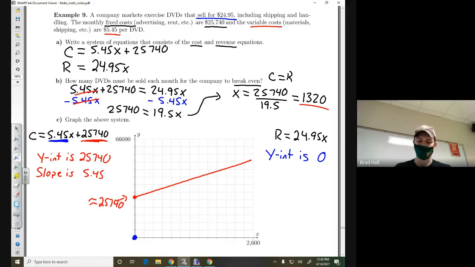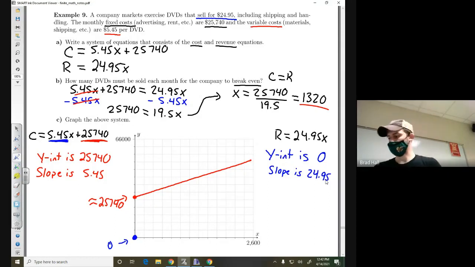That's the y-intercept. And then from here we see that the slope is 24.95. So it's a little bit larger of a number, which means we'll have a little bit larger of a slope. So we'll have something like this.